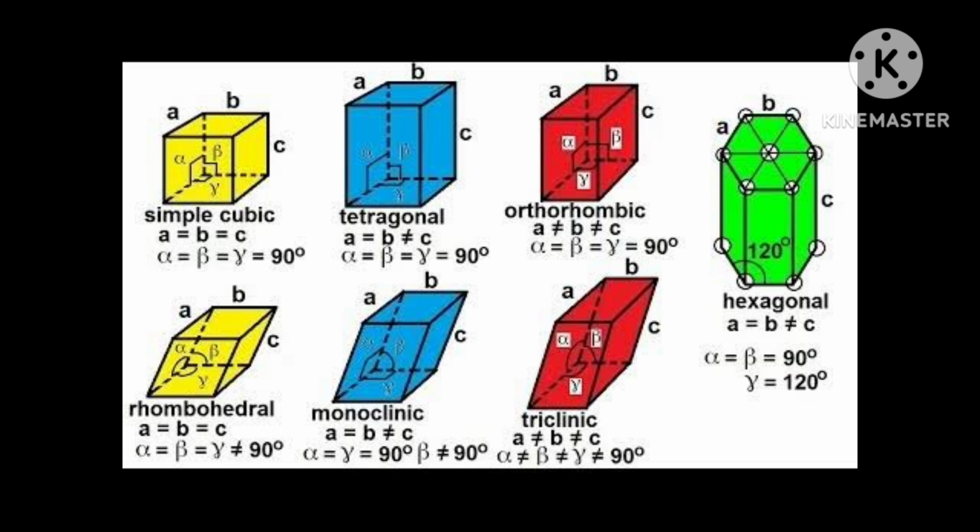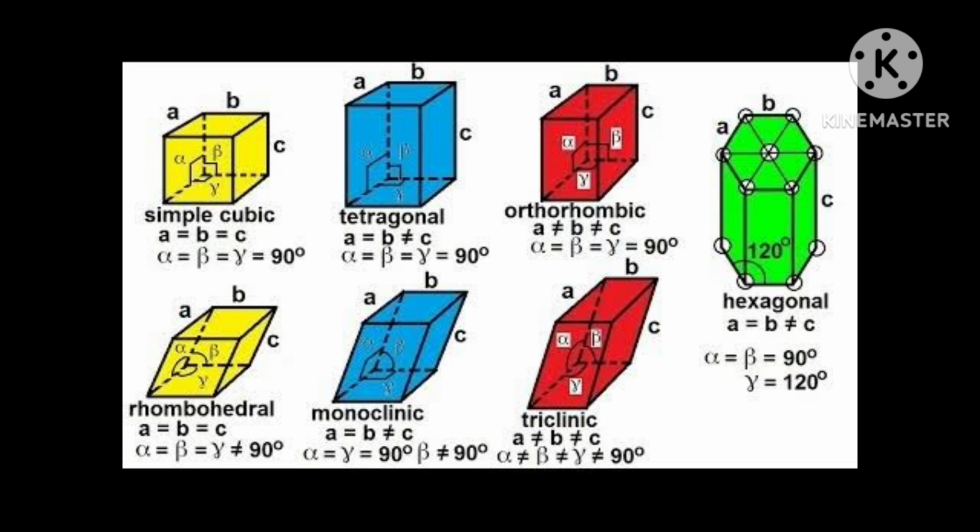And what will be the axial distance, meaning edge length? In a cube all lengths are equal, meaning A is equal to B, B is equal to C. Length, breadth, height all are equal. That is called cubic. And the angles: alpha is equal to beta is equal to gamma is equal to 90 degrees.